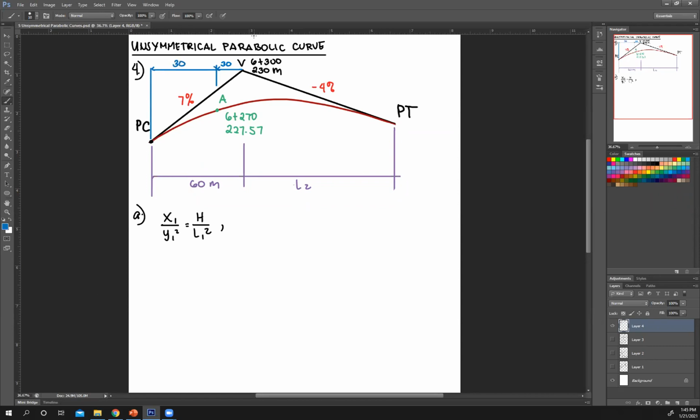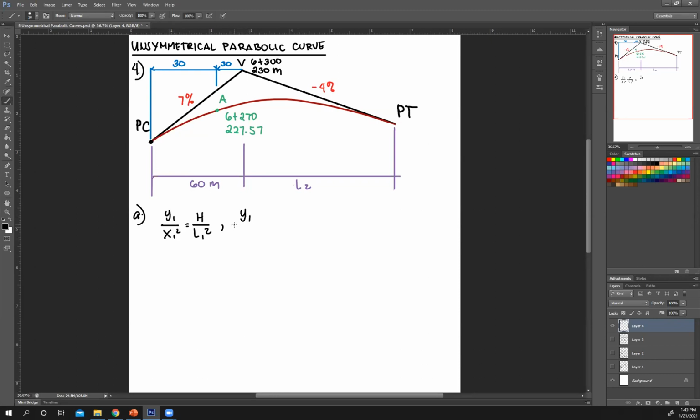Just not to scale. Right. So now this is 30 squared, 30 over y1. Actually, it's the other way around: y1 over x1 squared.